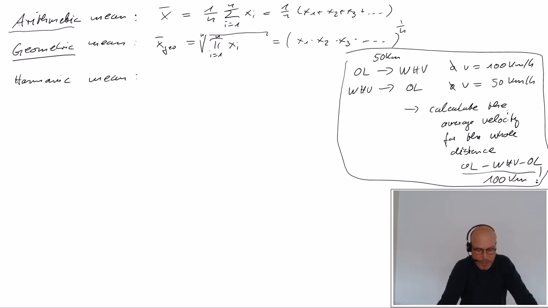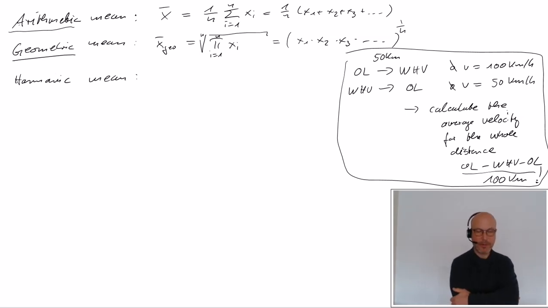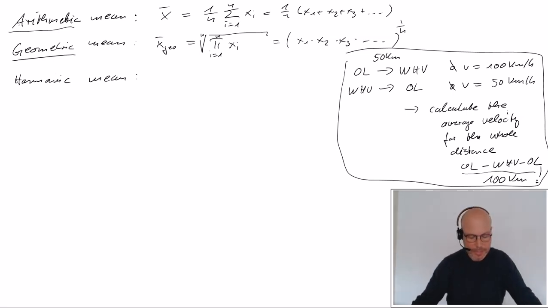What is the average velocity if I'm going from Oldenburg to Wilhelmshaven with 100 kilometers per hour and then back the same distance with 50?